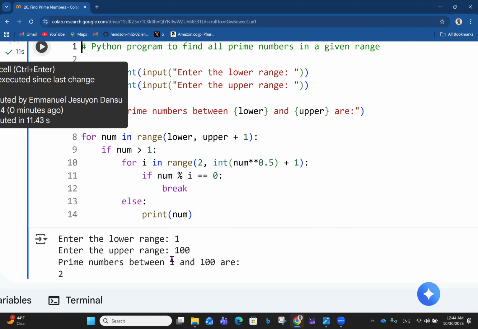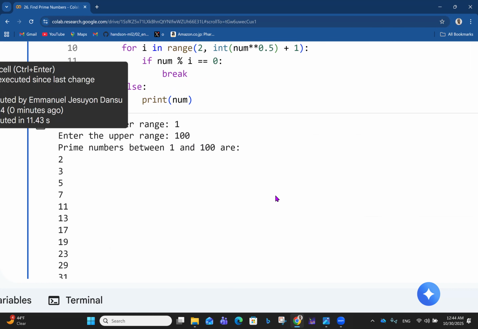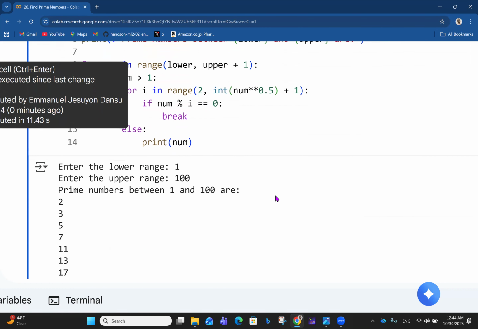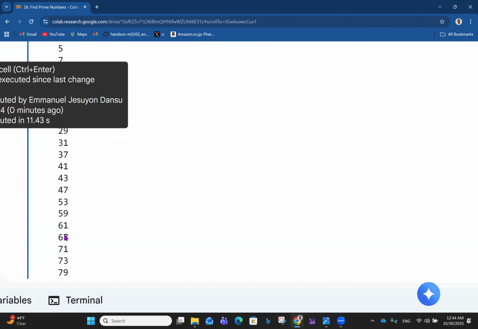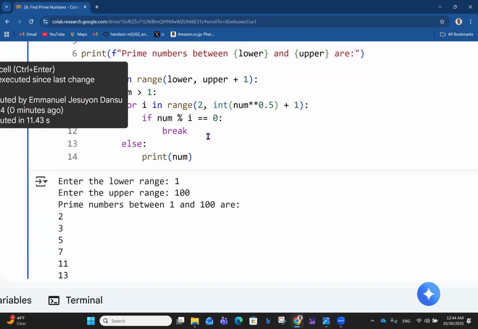So we have all of these now: 2, 3, 5, and the last one is 97. So 97 is a prime number like that.